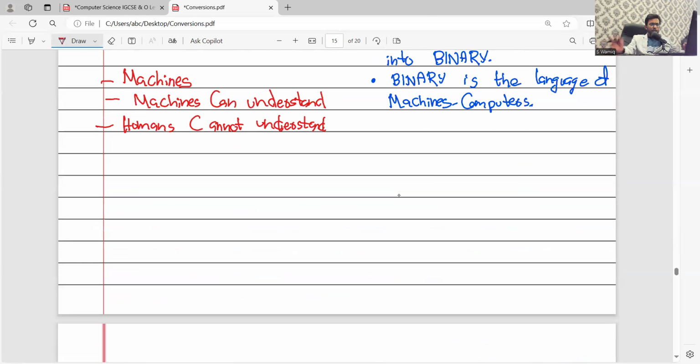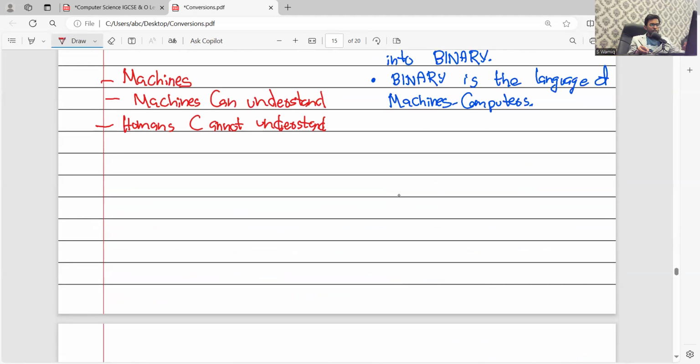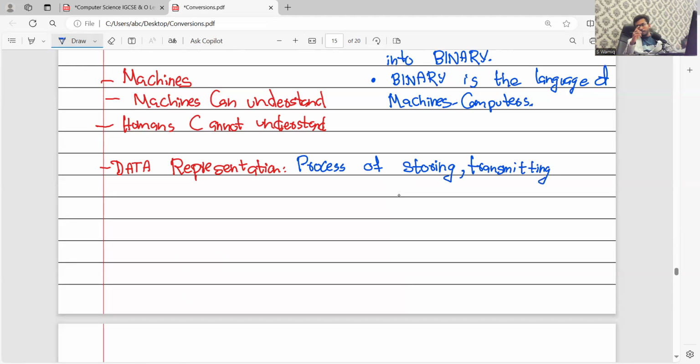And let me also write in front of you what the basic definition of data representation is. So I can say that data representation is basically the process of storing, transmitting, and processing data. Storing means you are saving the file.